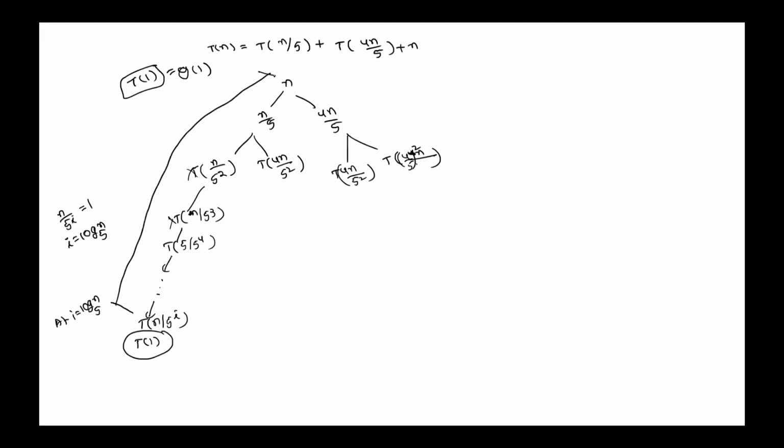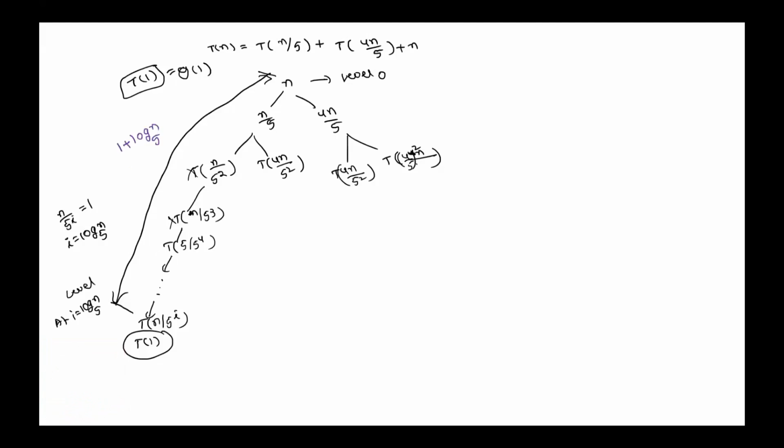The last level is log n base 5. The first level is level 0, no? How many levels are there? 1 plus log n base 5, sir. 1 plus log n base 5.